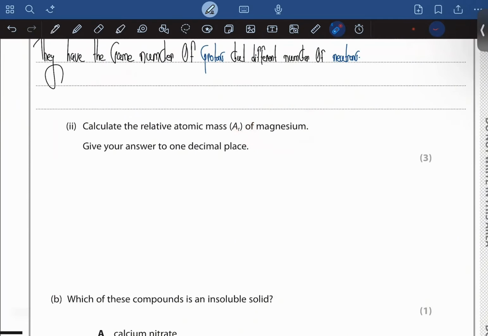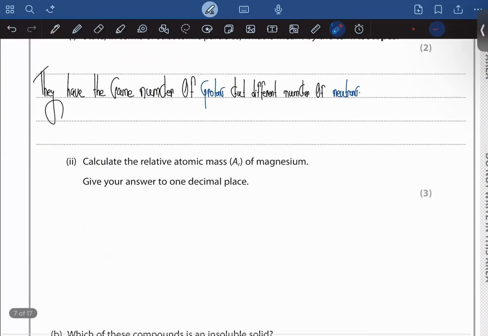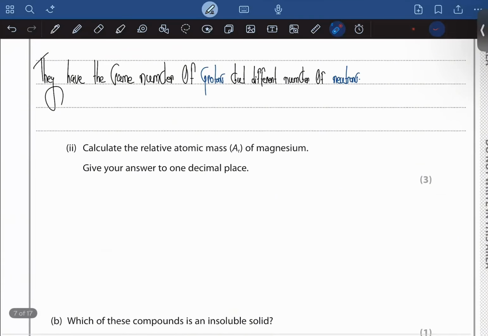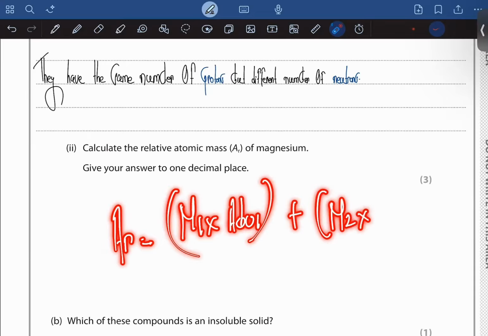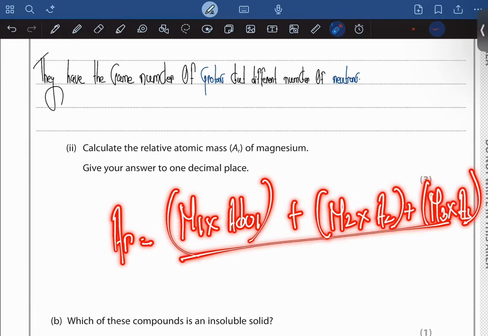So how do you do it? This is again one of the most common questions. For this, you basically need to remember something: Ar equals mass 1 times abundance 1, plus mass 2 times abundance 2, plus mass 3 times abundance 3, divided by the total abundance.